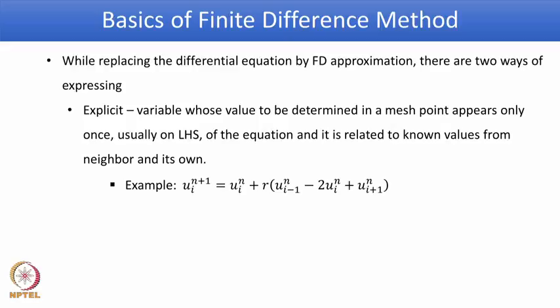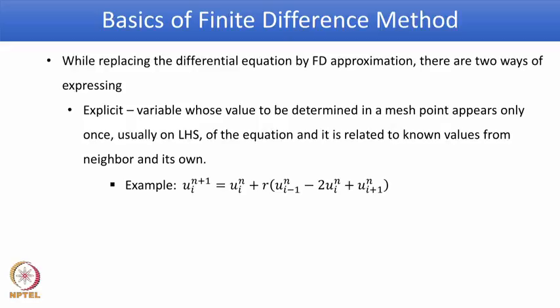Usually it is on the left hand side in the first step, then it is moved to the right hand side in the subsequent simplification step, and the variable whose value is to be determined is always on the left hand side. All other quantities are moved to the right hand side. So, you have the new value to be determined equal to a function of all old values.